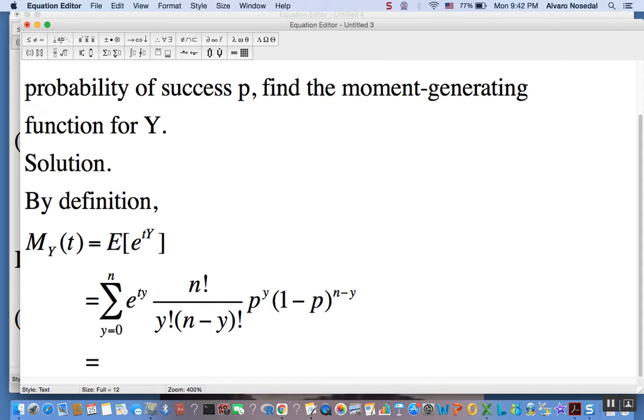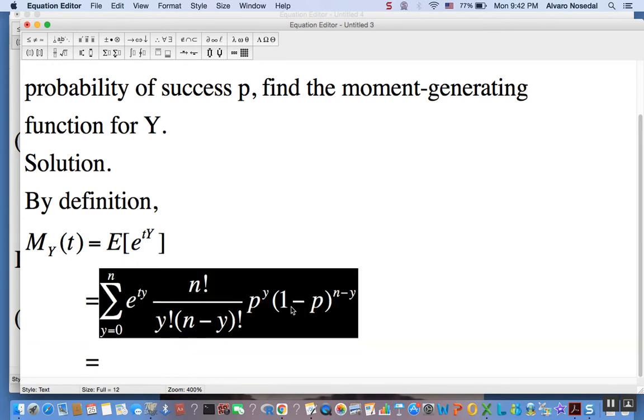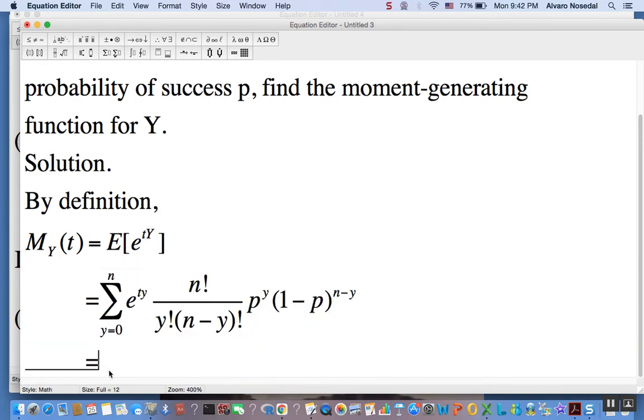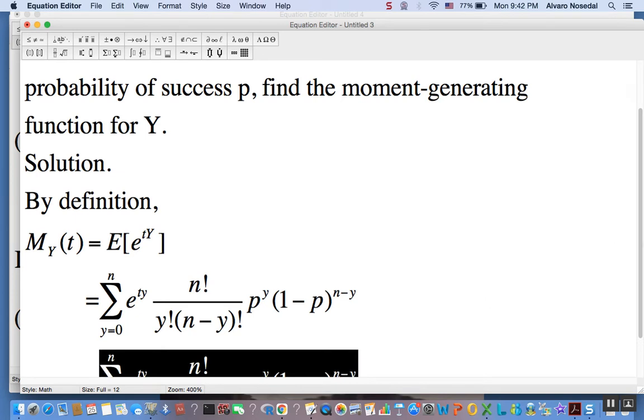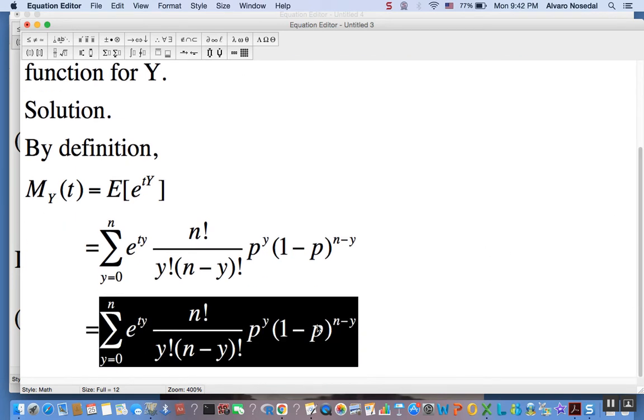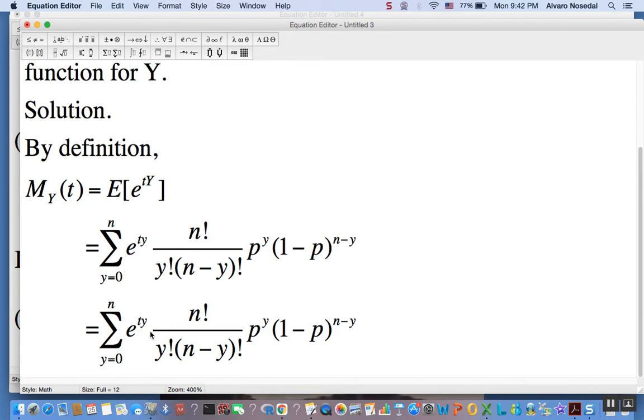So now let's do a little bit of algebra and see if we could simplify this expression. Let me copy paste this guy. I just want to make it look nicer. So first, note that e to the power ty is the same as e to the power of t to the y.